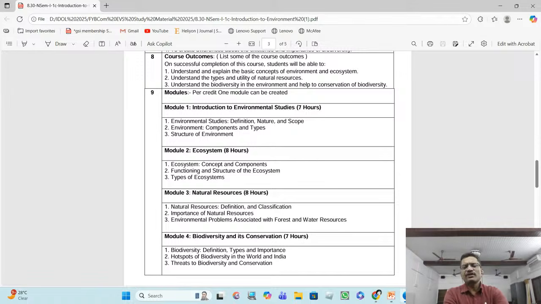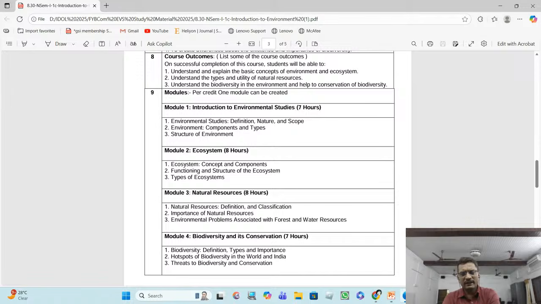Now, conservation of biodiversity is basically at the level of protection of species that are endangered. You all must know that the International Union for Conservation of Nature is responsible for maintaining the global database on threatened species under the Red List.